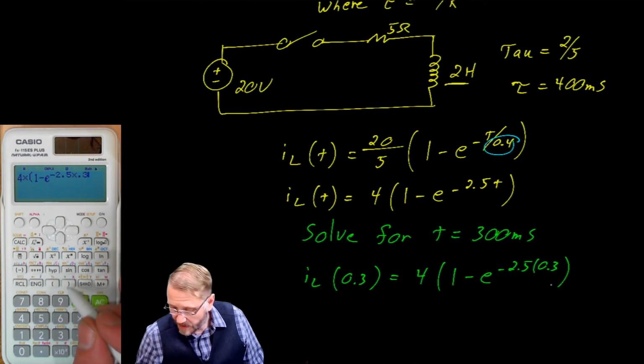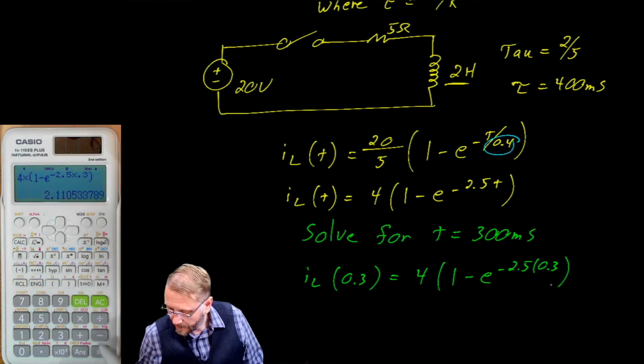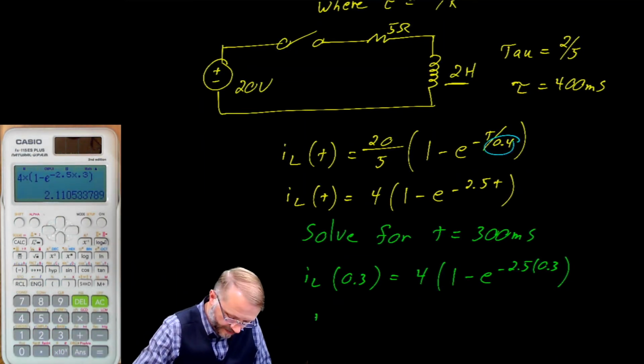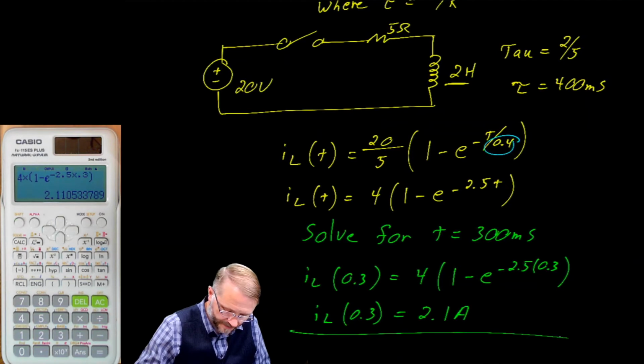Remember, we don't want to close the paren there. We want to shift and then close it. And that gives us the current on the inductor at that time of 2.1 amperes.